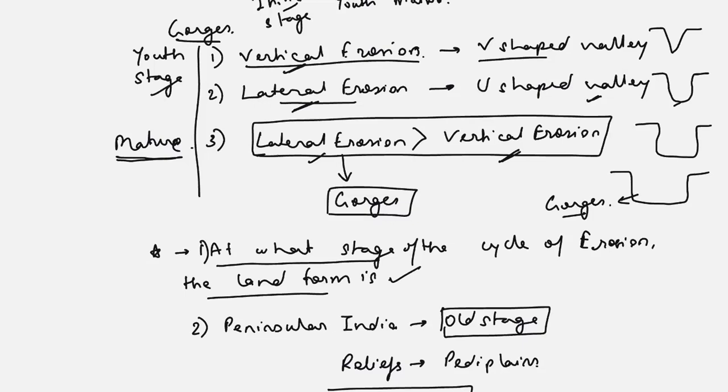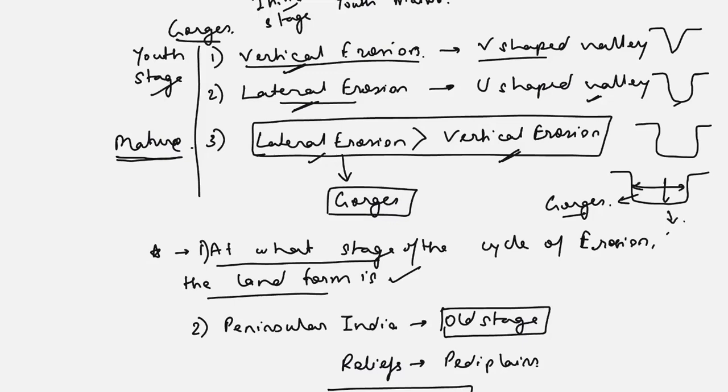We also have the Grand Canyon Gorge in the United States of America, which is also at a different stage. Okay, so how much depth and how much width all these gorges have explains the stage of the gorge in this cycle of erosion. So it helps in understanding the stage.